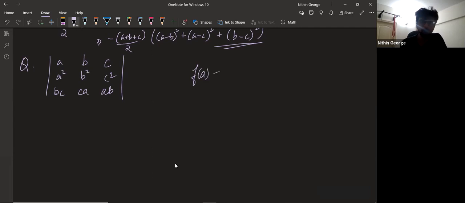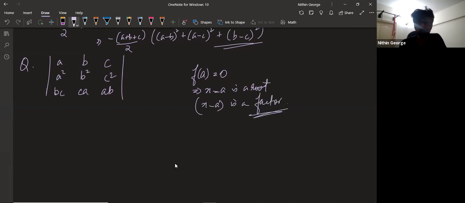Factor theorem is simple. If f of a is equal to 0, then x equal to a is a root. As simple as that. Or in other words, x minus a is a factor. Right. If f of a is equal to 0, then x minus a is a factor.